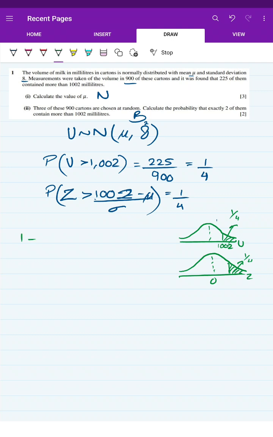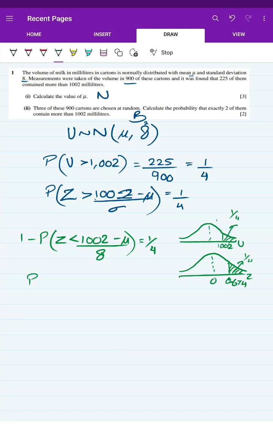by writing it down as 1 minus probability of z less than (1002 minus mu) over 8 is equal to 1/4. When we flip it out, we find that the 75th percentile z value is 0.674. So this point is indeed 0.674, and you can check it from your MF19 z table.